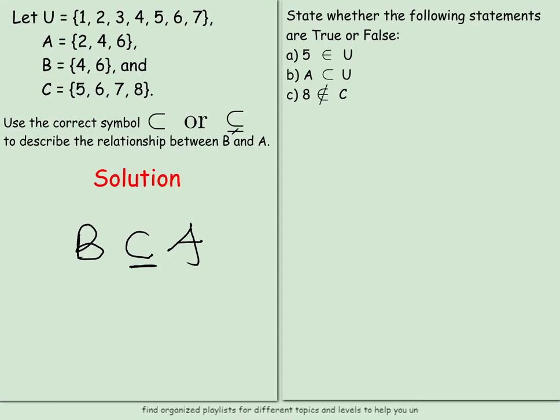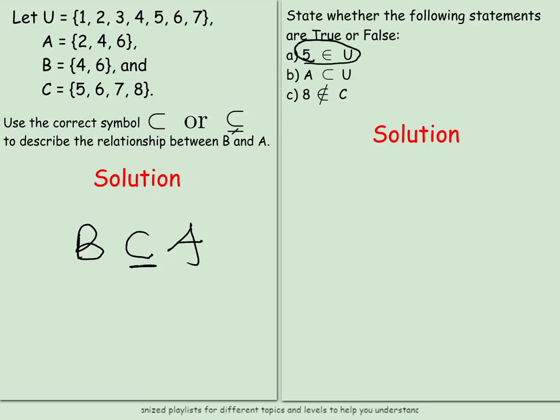Now, we are to state whether the following statements are true or false. First of all, is 5 an element of the universal set? That is, do we have 5 in the universal set? Yes, 5 is in the universal set. So for A, it is a true statement.